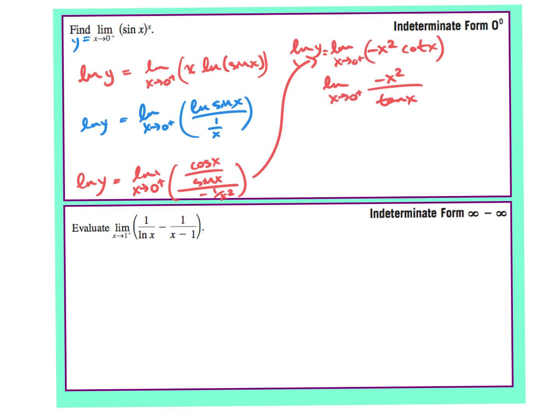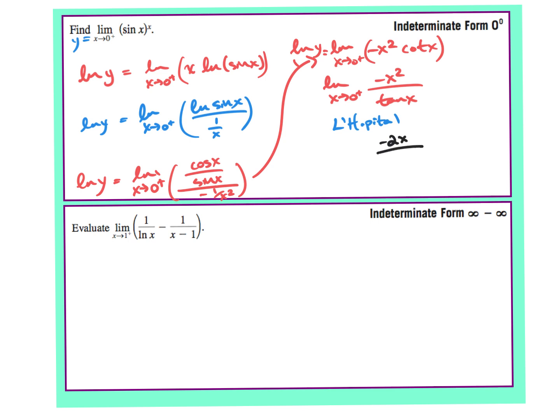But when I substitute in, what do I actually get? I get 0 in the numerator, and I also get 0 in the denominator. So what rule are we allowed to use now? L'Hopital. We are allowed to L'Hopital. And so now we're going to L'Hopital it. What's my derivative in my numerator? Negative 2x.